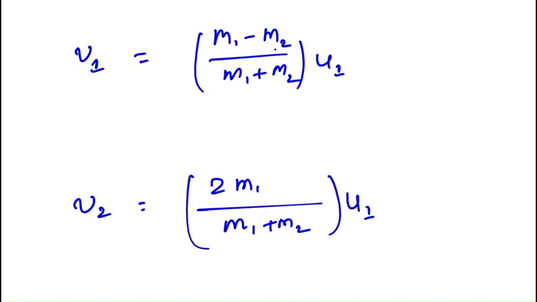If m1 equals m2, then v1 will be 0. That is, the final velocity of body 1 will be 0. That is, body 1 will stop after collision. And the final velocity of body 2: you can write m1 instead of m2, then it will be 2m1 divided by 2m1, which gives you 1. So v2 equals u1.